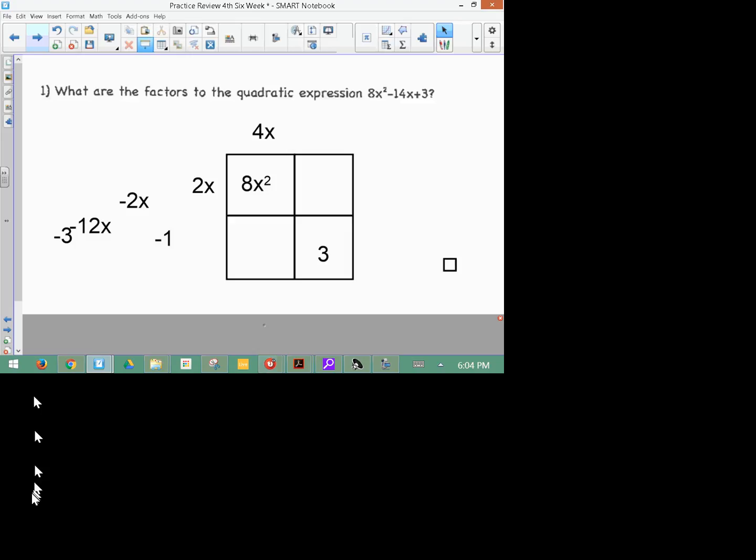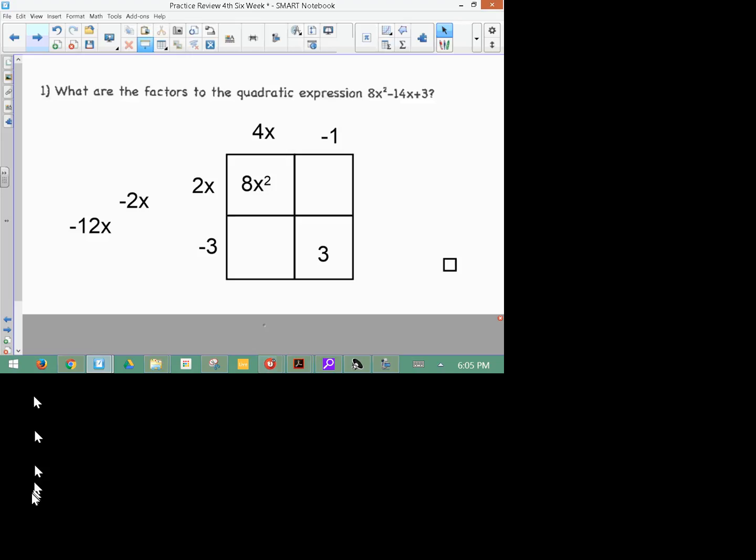To get a 3, I could do a 1 and a 3. But since I have a negative 14x here, I better try a negative 1 and a negative 3.